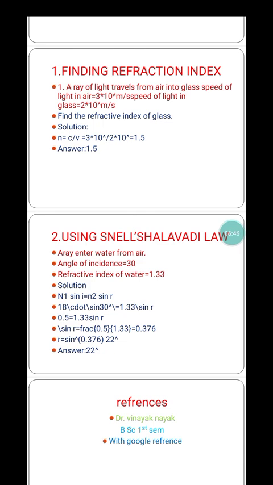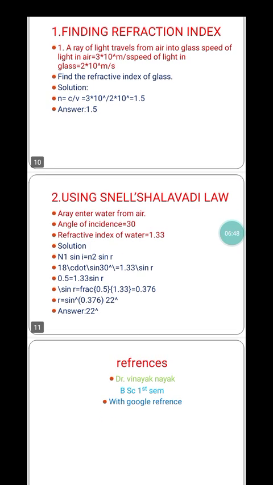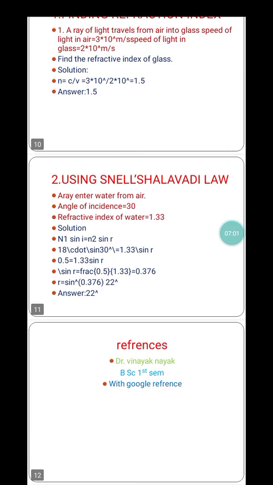Find the refractive index of glass. Solution: n equals c divided by v equals 3 into 10 power 8 divided by 2 into 10 power 8. Answer is 1.5.